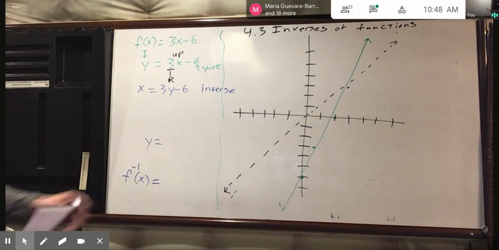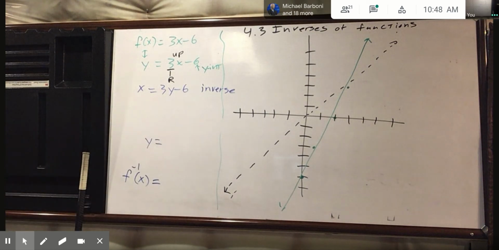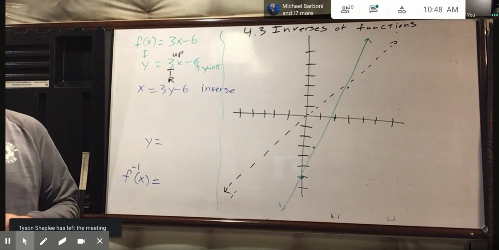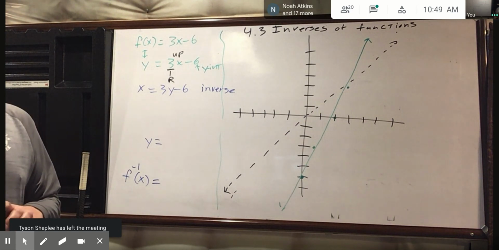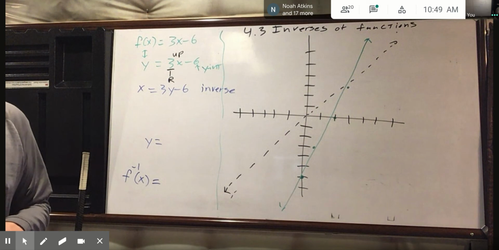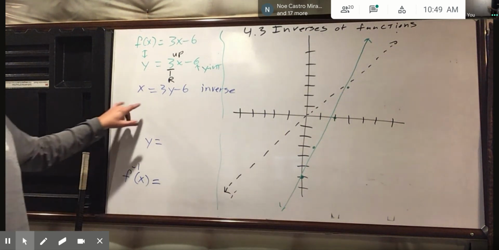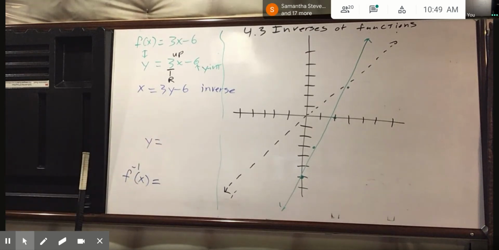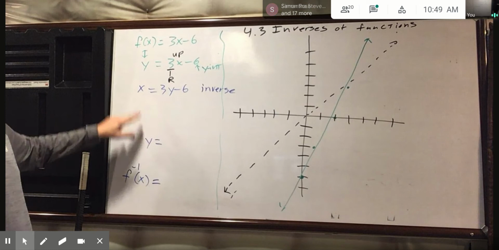Cam, what do I need to do to move this -6 to the other side? It's a little blurry on my screen. I don't have my glasses. Sorry. Gotcha. So I got 3y minus 6. I want to move this -6 to the other side of the equation.